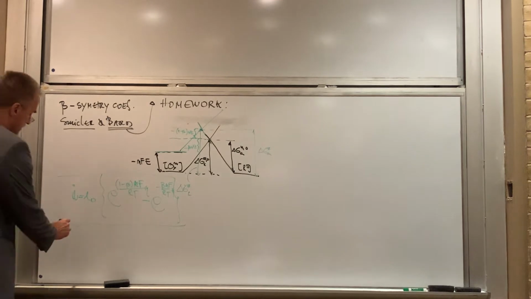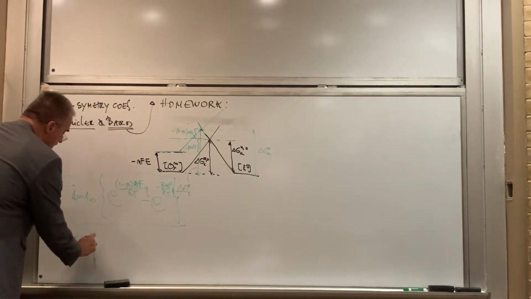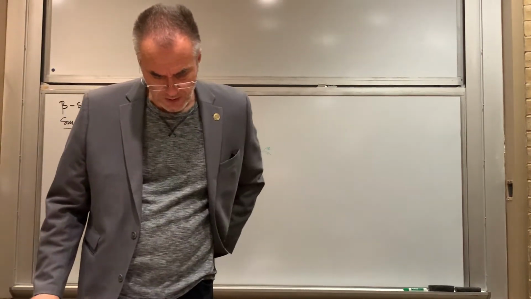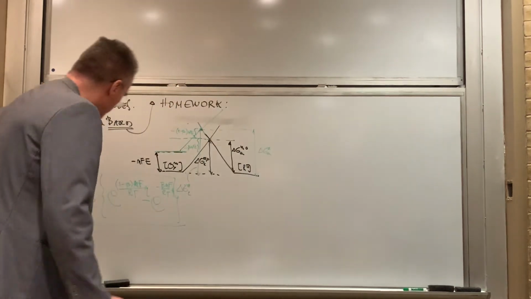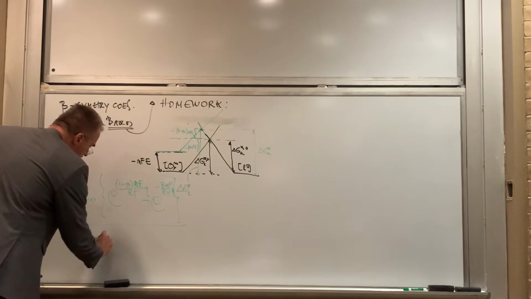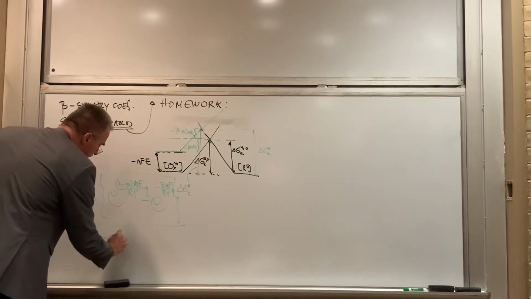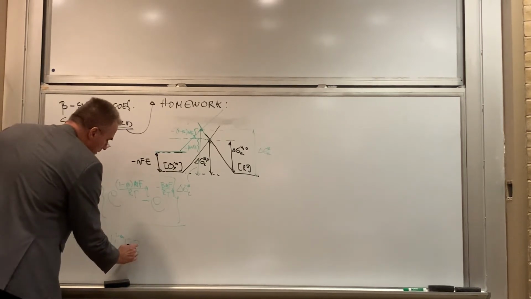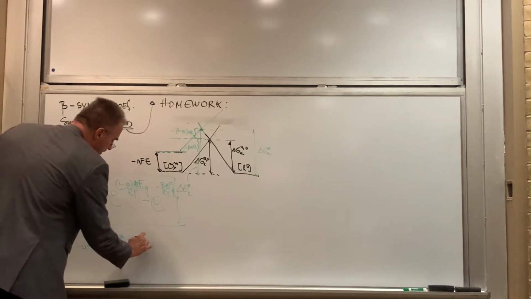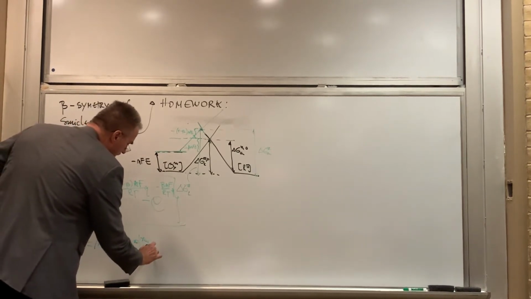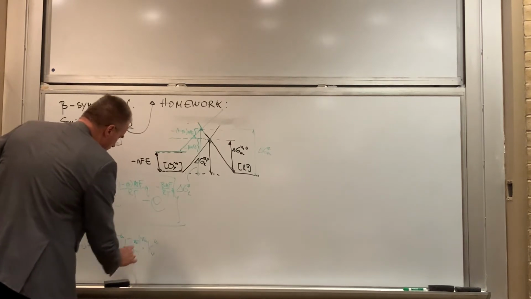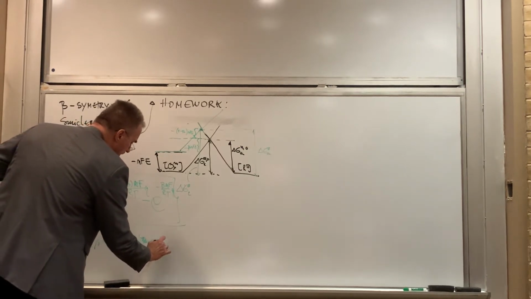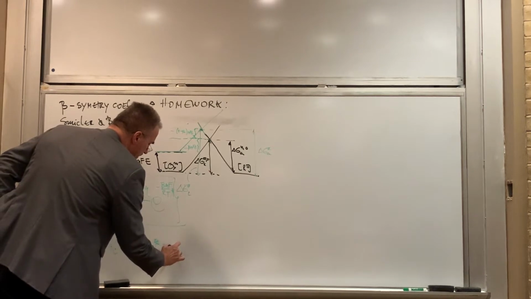And one important thing is that the current density, as a definition, will be nF times kc (1 minus beta) concentration of the oxidized species, then ka beta concentration of the reduced species to the power beta.